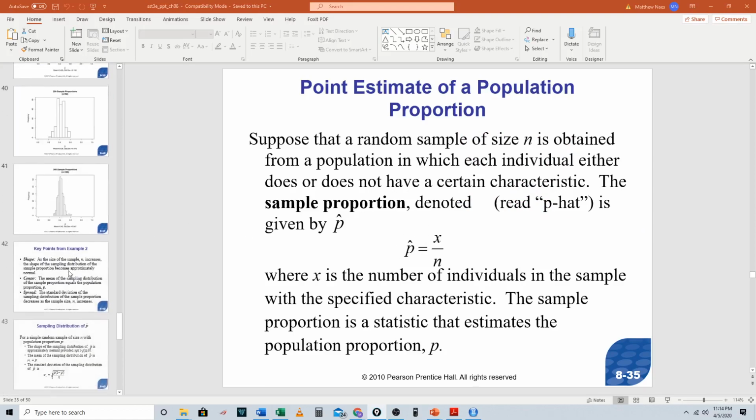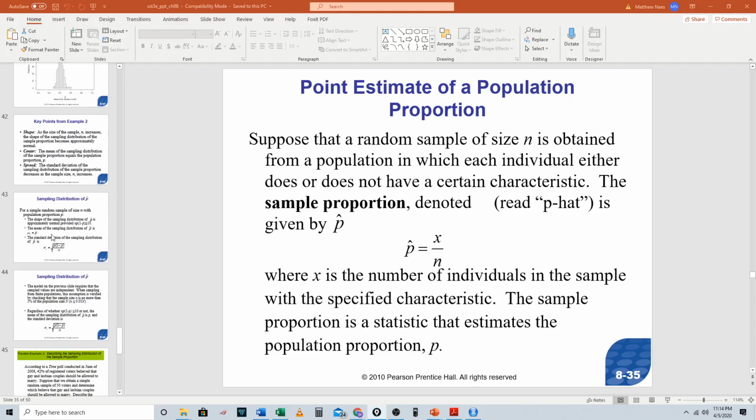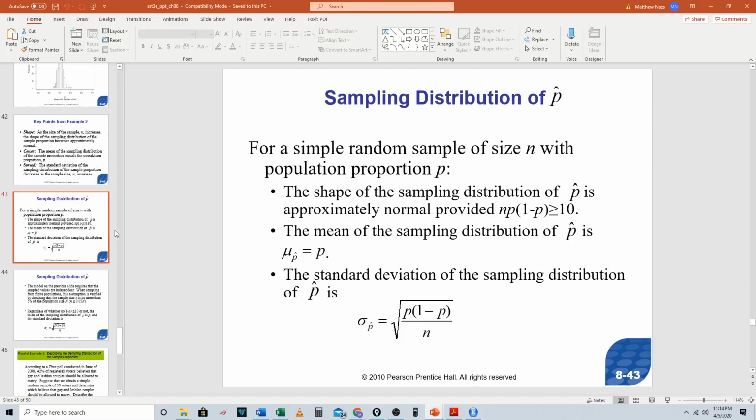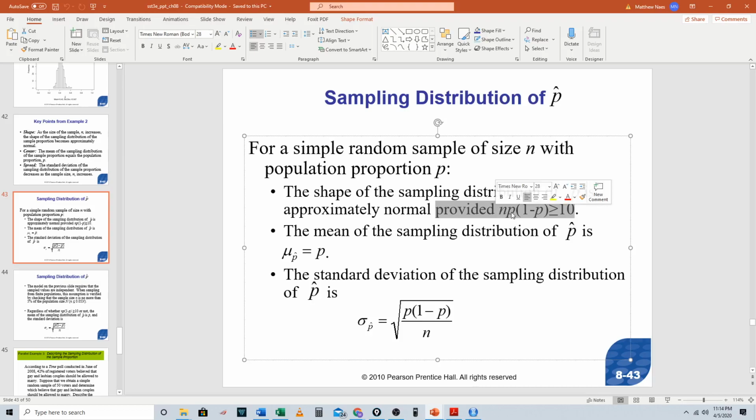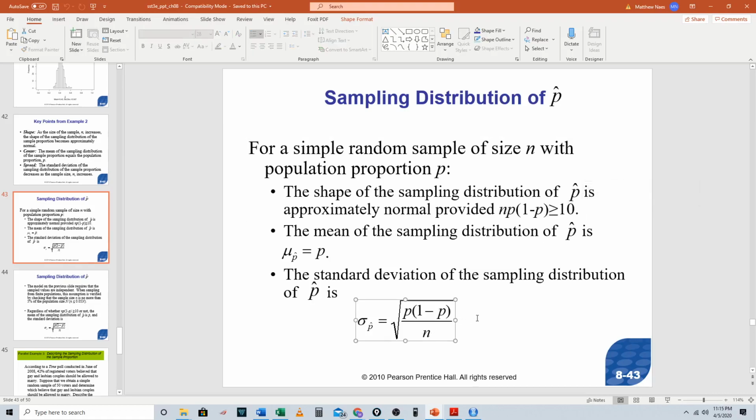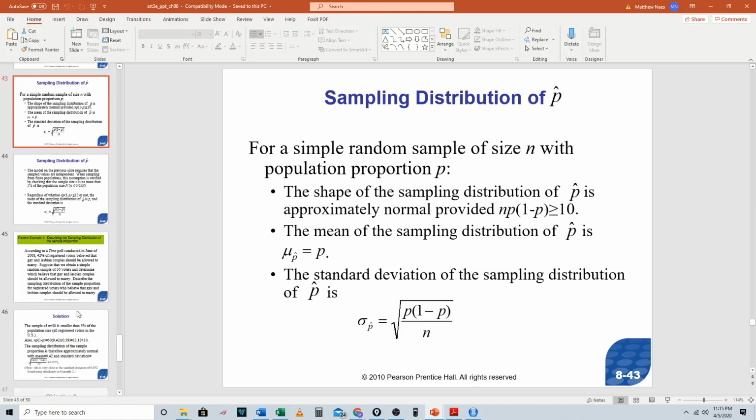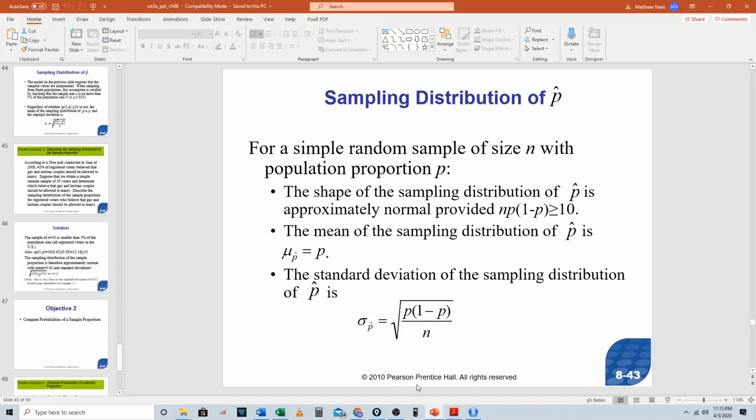Or you might be asked to determine if you have normal distribution. This is basically, as long as this is true, you have normal distribution. Okay, so if it asked, do we have enough information for normal distribution? Is my sample size big enough for normal distribution? That's what you're going to do. If it's greater than 10, you're good. Okay. You might be asked to find z. Again, we wrote down the formula for z, just as a reminder.